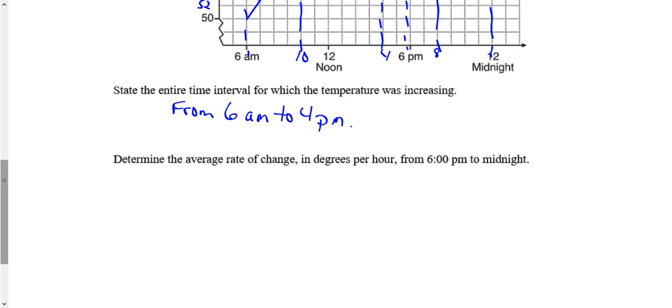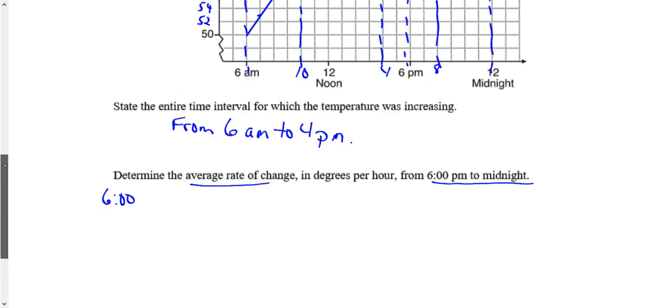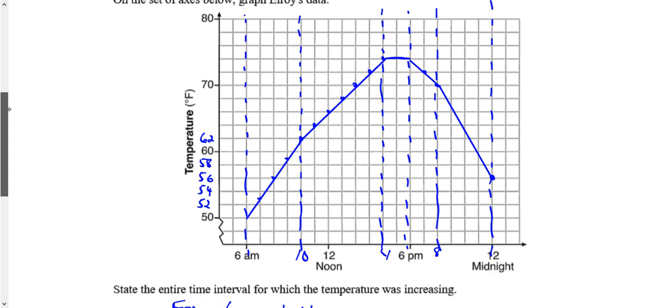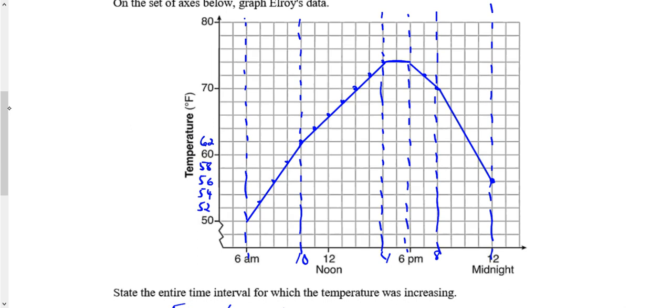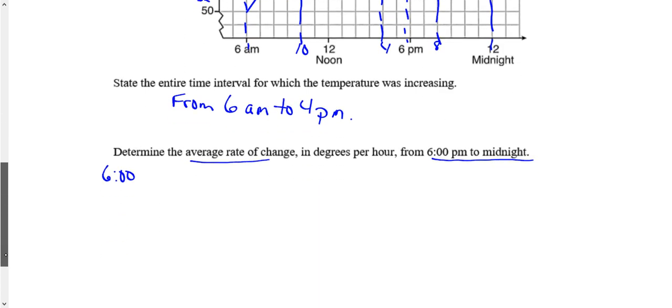Okay. Determine the average rate of change in degrees per hour from 6 p.m. until midnight. What was the temperature at 6 p.m.? 74, right? And then what was the temperature at midnight? 56, right?